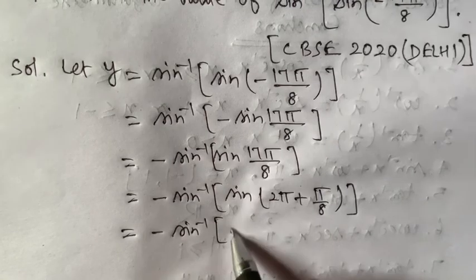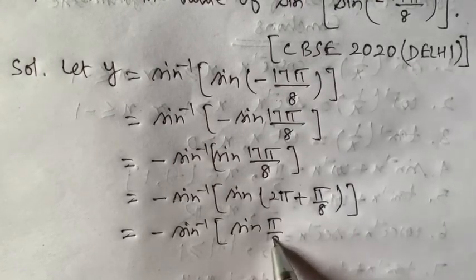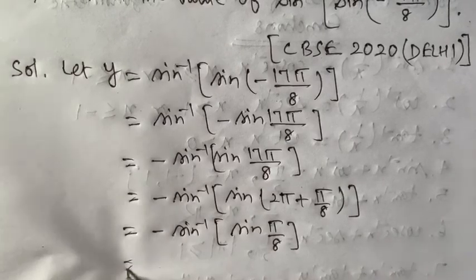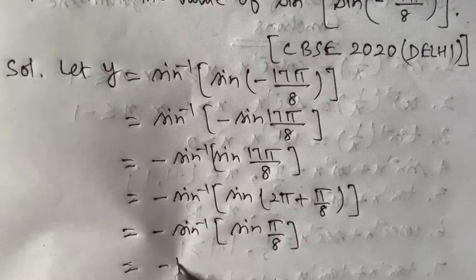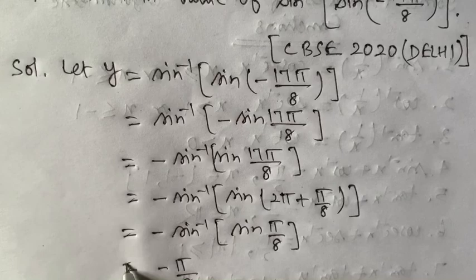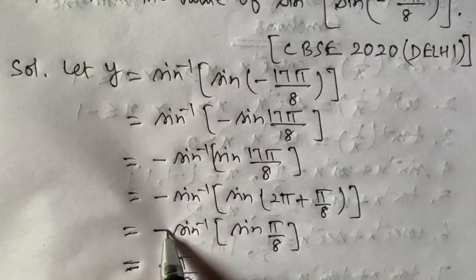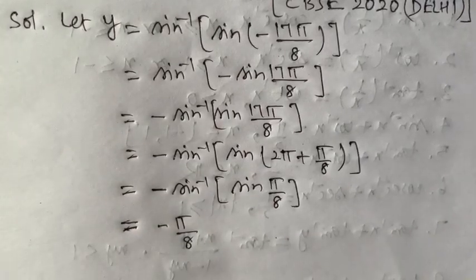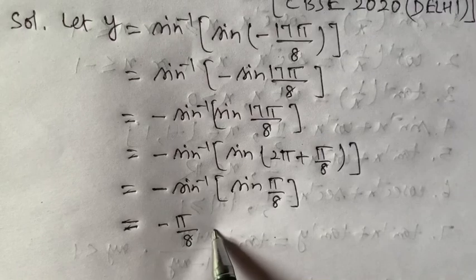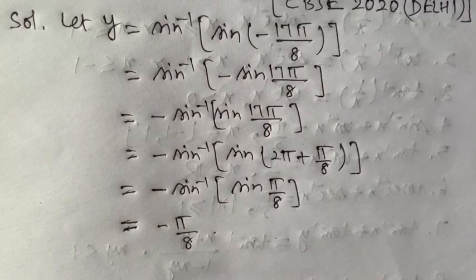So it will be sine pi by 8 now. Sine inverse and sine will cancel to give us pi by 8 only, and minus is there in front of it. So the answer is minus pi by 8, and this is the value of the given question.